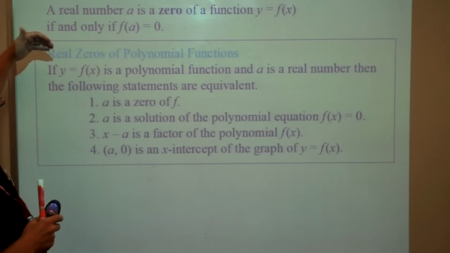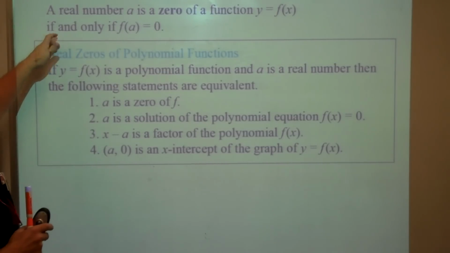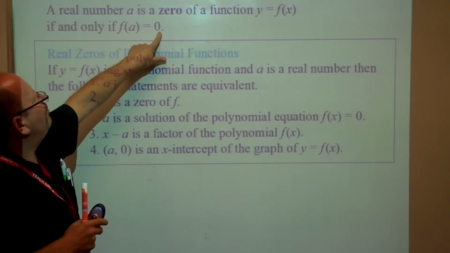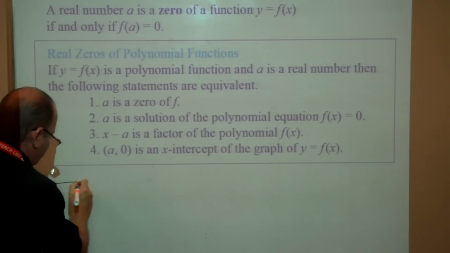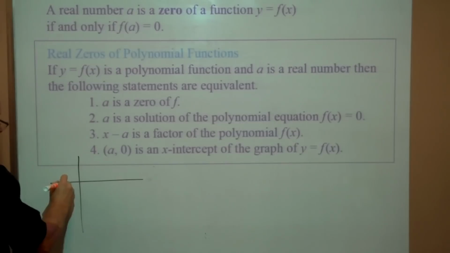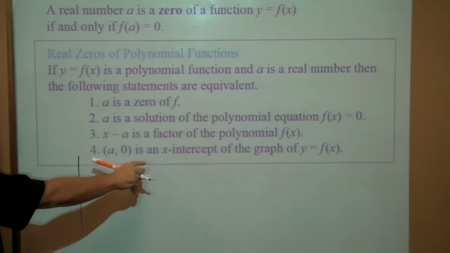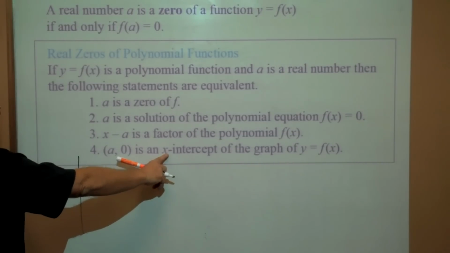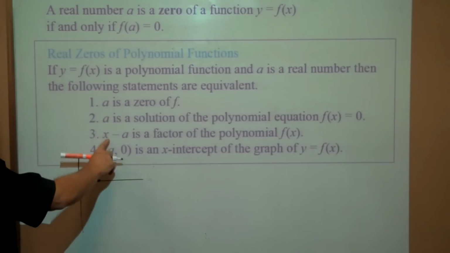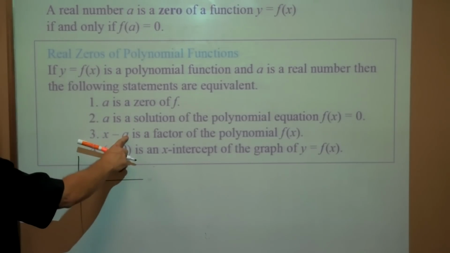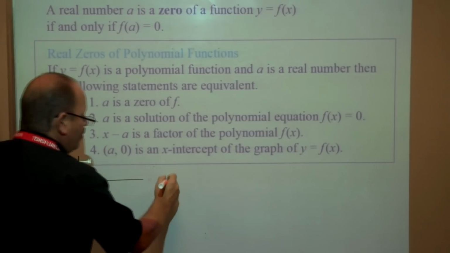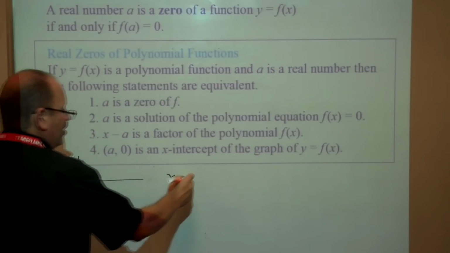So when we're talking about a zero, we're talking about what makes y equal 0. And y equals 0 when it is an x-intercept. And these are where we get the factors, by taking that value for a and going back. Remember, we were just doing this last night.